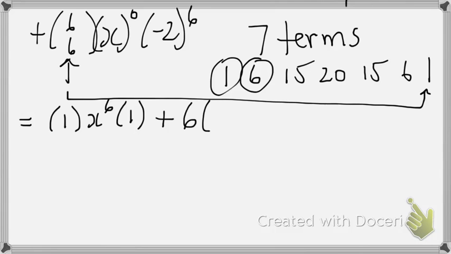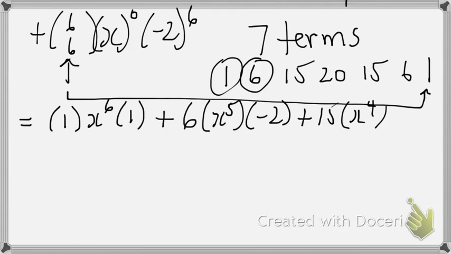And then we have x to the power of 5, and we have negative 2 to the power of 1, which is just negative 2. So that means that this expression has to be further simplified. Okay, then we have 15, x to the power of 4, and negative 2 to the power of 2, which is just 4.